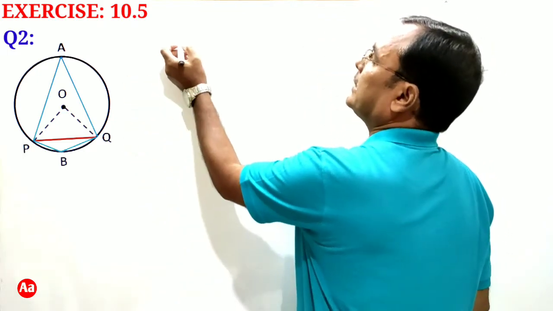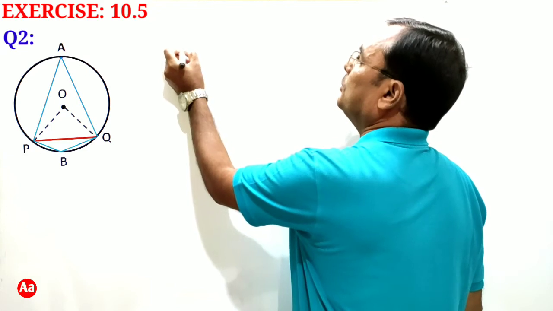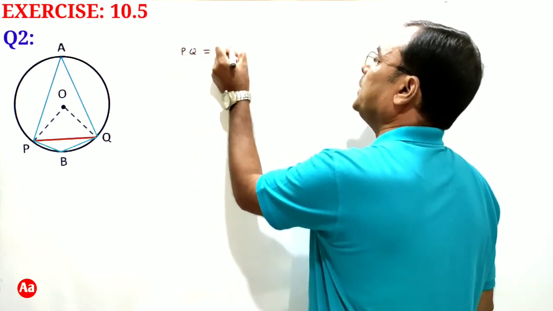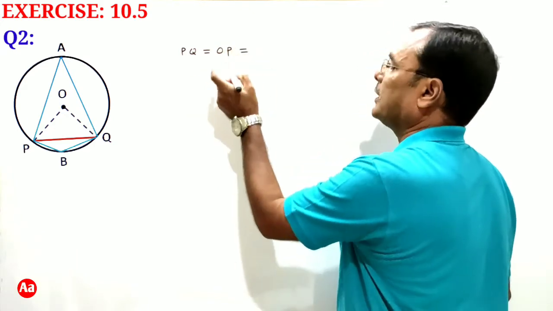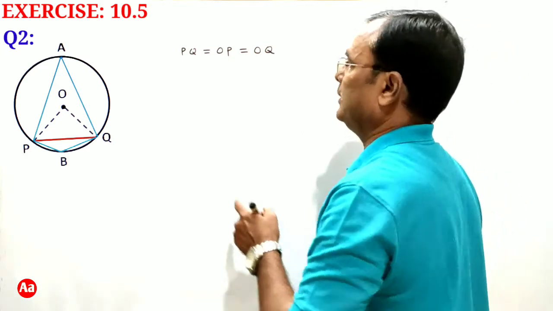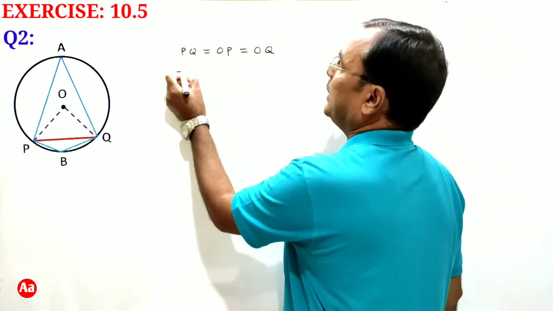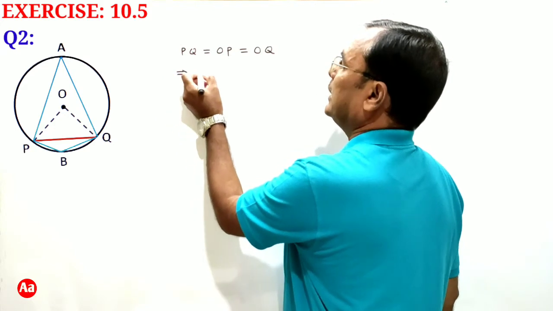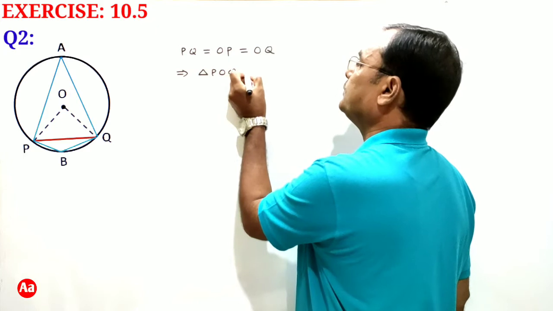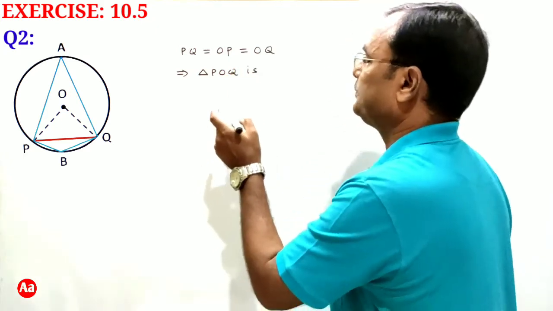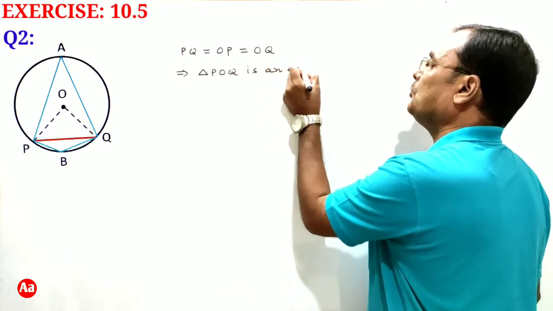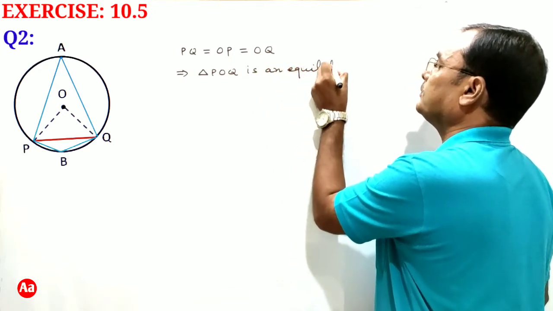So it is given that the length of the chord PQ is equal to OP, the radius of the circle, and OQ is also a radius of the circle, and this implies that triangle POQ is an equilateral triangle.